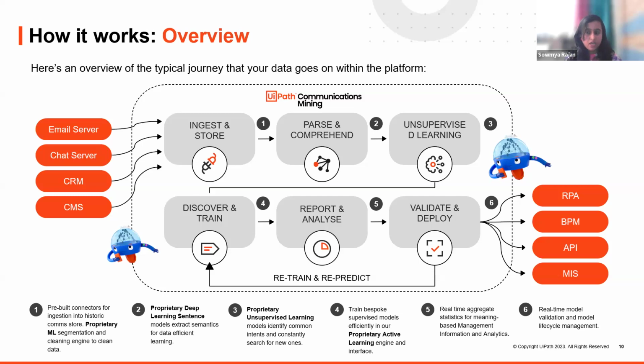Then finally, all these insights and extracted information are given into production through RPA, or you can make API calls, or have a management information system and so on. This is typically how the data goes into the platform and comes out with the amazing insights that you can see.